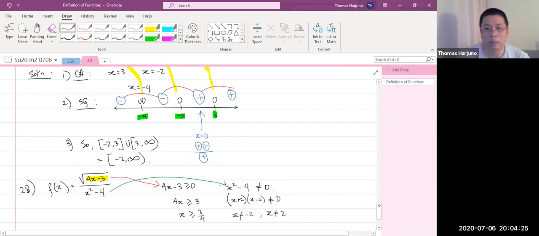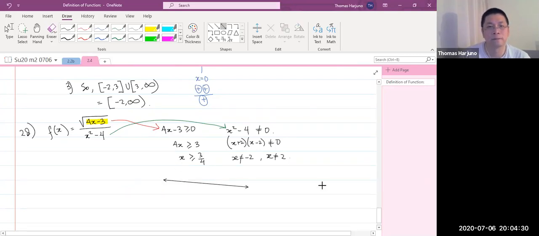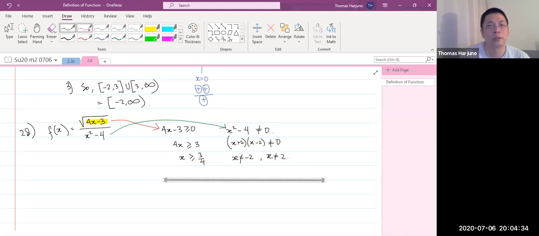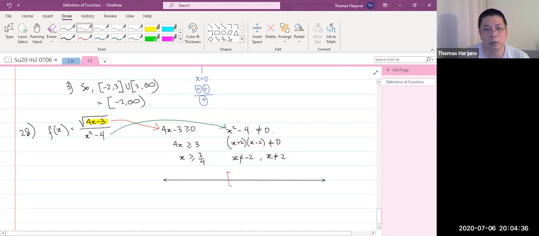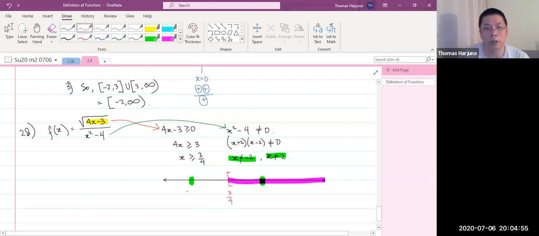Now, what will that be in interval notation? First, it has to be greater than or equal to 3/4. So it is okay to have from 3/4 all the way to the right, except that I need to avoid x equals negative 2 and x equals 2.